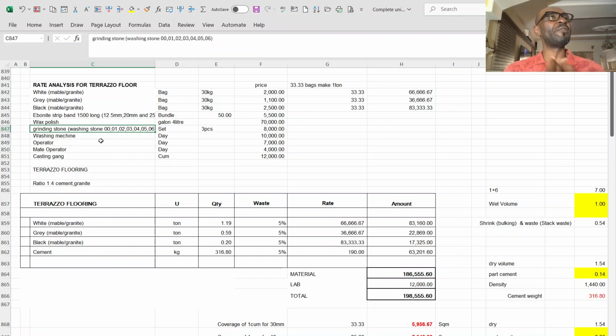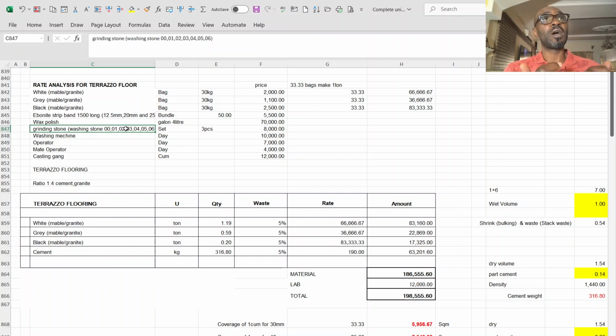Then if it is a living room, you can go up to 06, where it will become glassy and sparkling. So these stones will depend on what the client requires of the floor, because for a classroom, you shouldn't be expecting the floor to be slippery, because you know how students can act and they can be unruly.